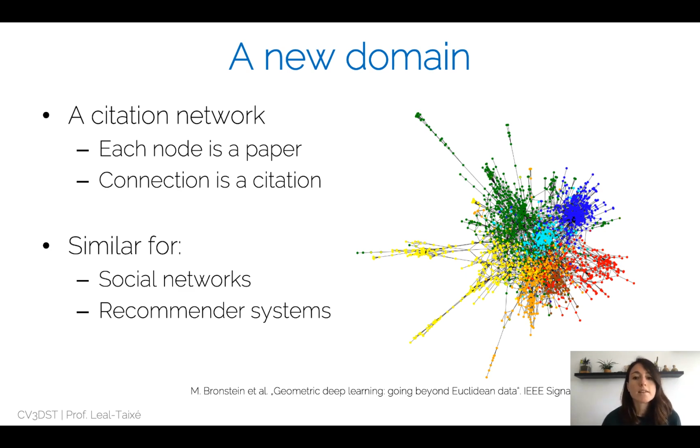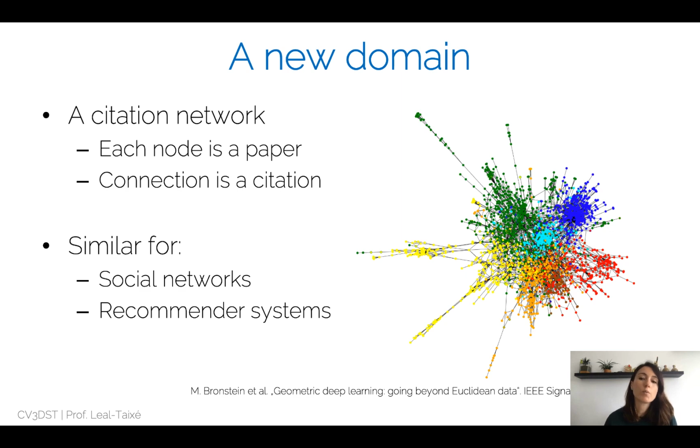Another domain that is very, very different would be, for example, a domain that is represented by a graph, as we can see here in the image. And this would be, for example, a social network or a citation network, where each node is a paper and each connection is a citation.